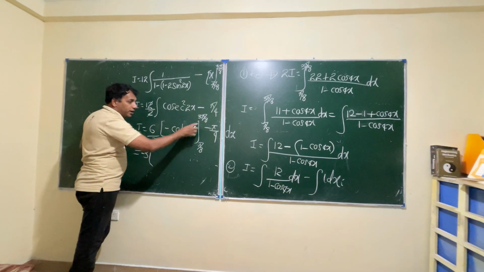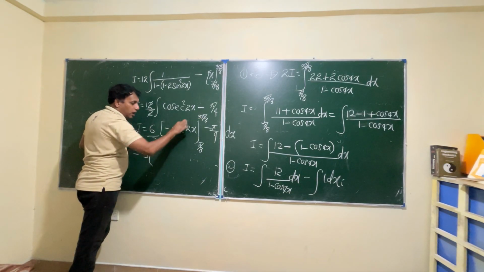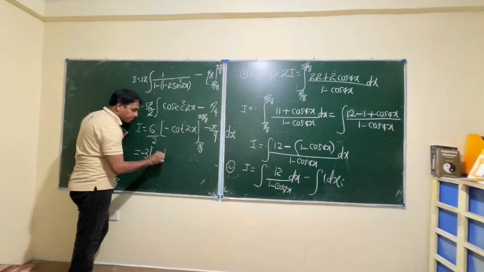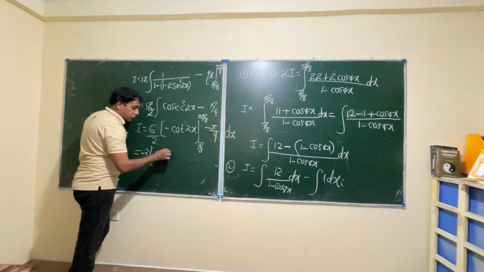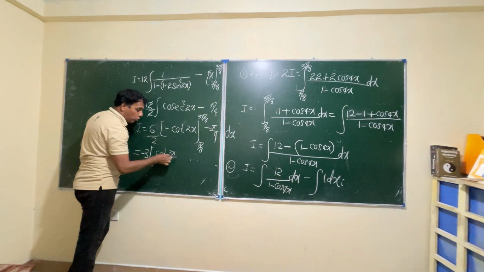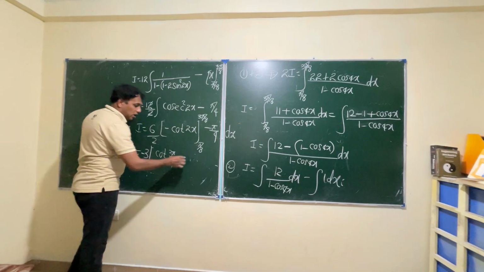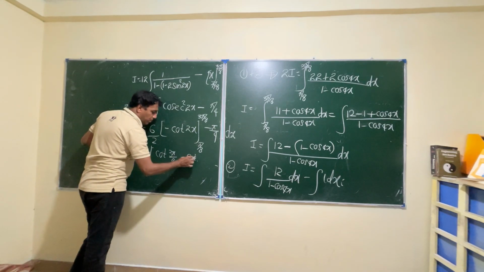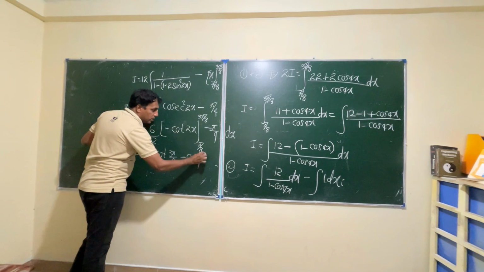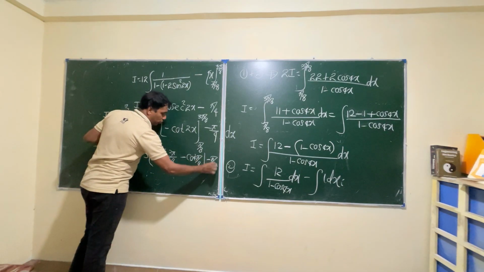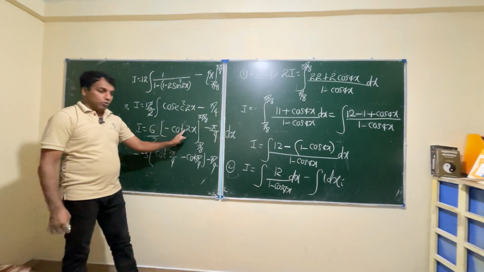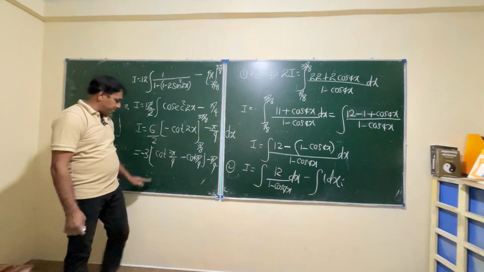Apply the upper boundary, cot 3 pi by 4 minus cot pi by 4, minus pi by 4. Is it upper boundary minus lower boundary?